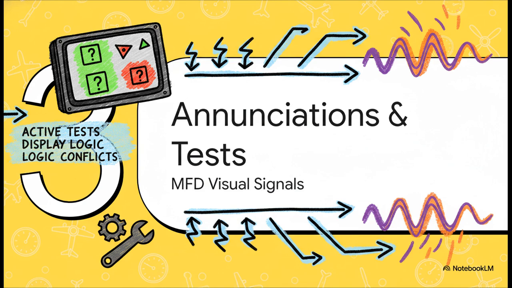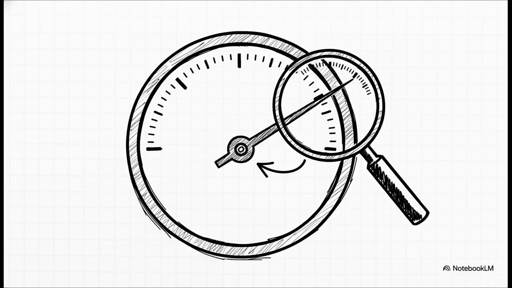Section 3, Enunciations and System Tests. So this next part is pretty fascinating. Let's explore how the MFD visually signals active tests and display logic conflicts. Focusing in on the NH dial, it features 4 arcs and, you guessed it, reverts to white if invalid, with the needle simply turning red if you push it over the limit. But look closely at the digital value here. It reads 0 to 199.9%.